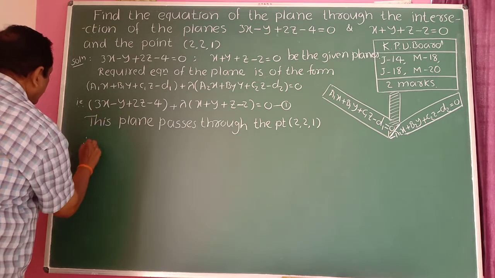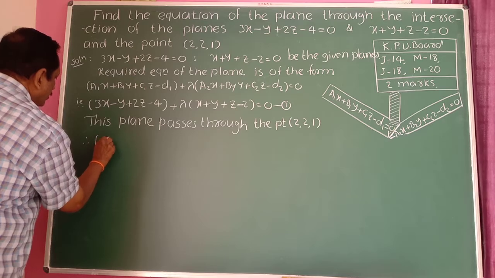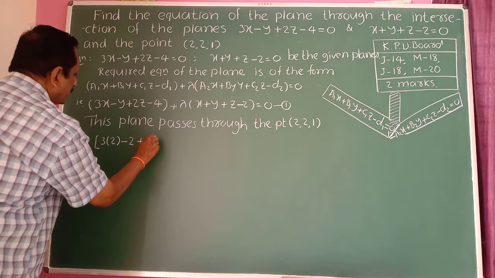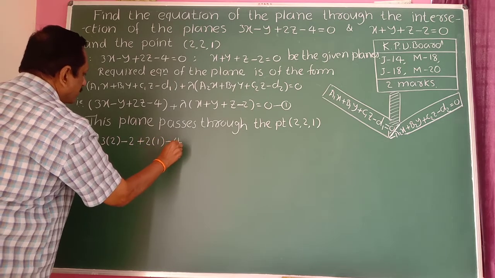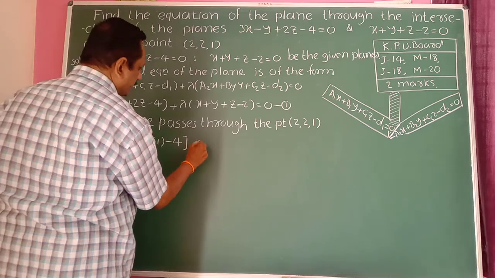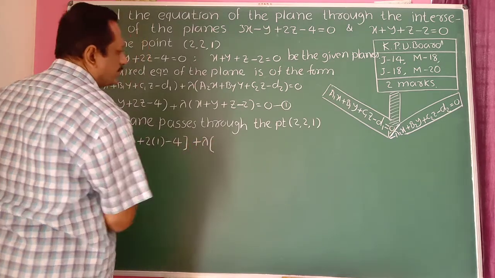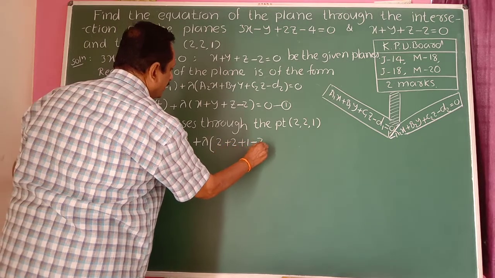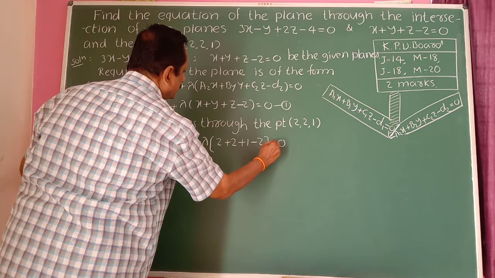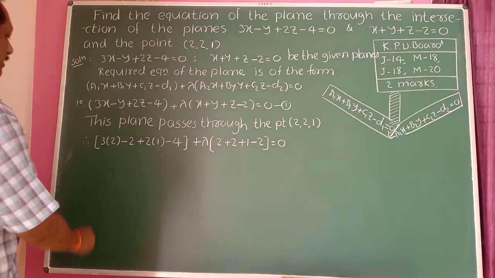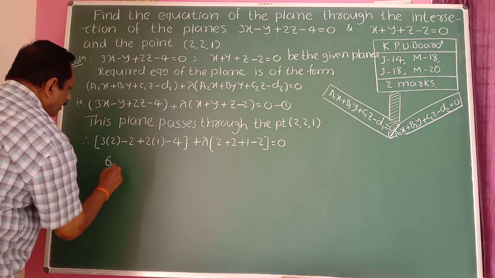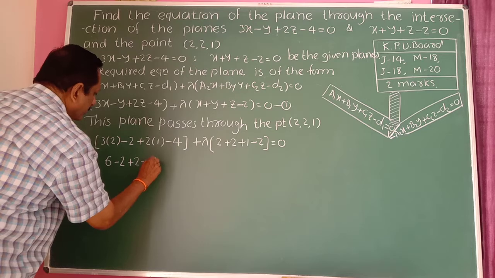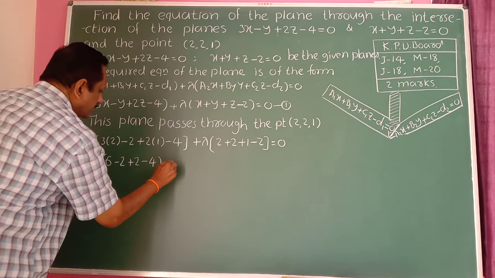Therefore 3 into 2 minus of 2 plus 2 into 1 minus 4, bracket complete here. Then plus lambda into bracket 2 plus 2 plus 1 minus 2 that is equal to 0. Then here 3 2s are 6. Then minus 2, 2 1s are 2, minus 4. Bracket complete here. Then plus.